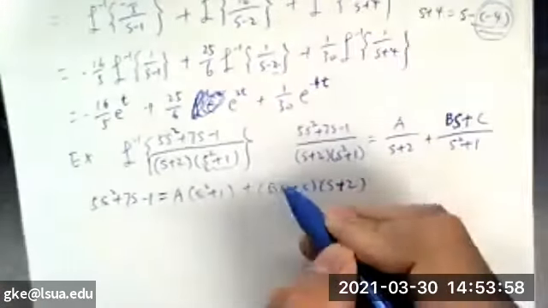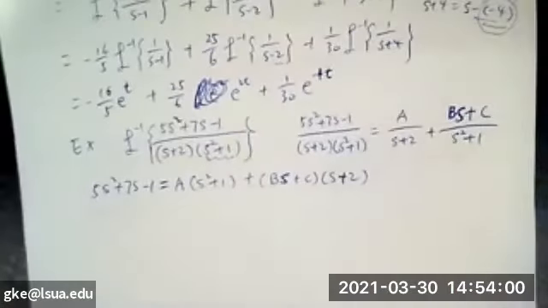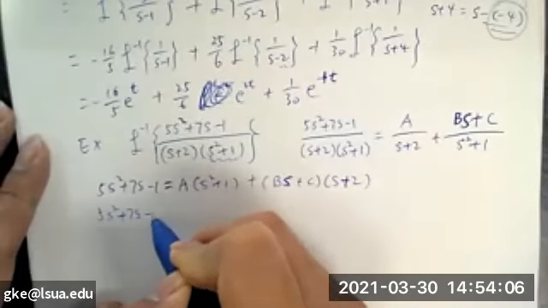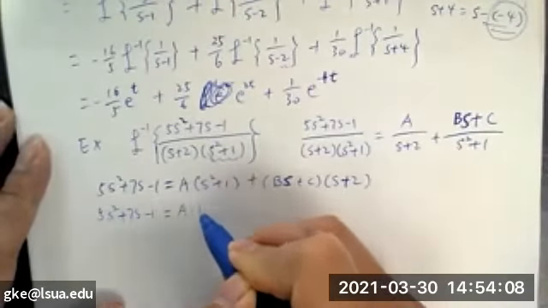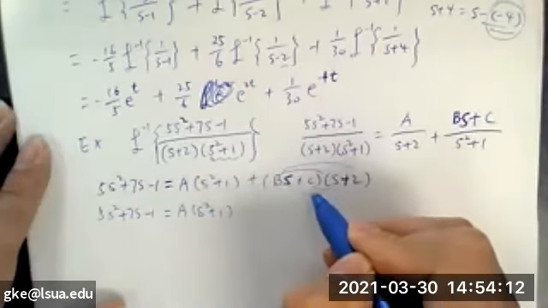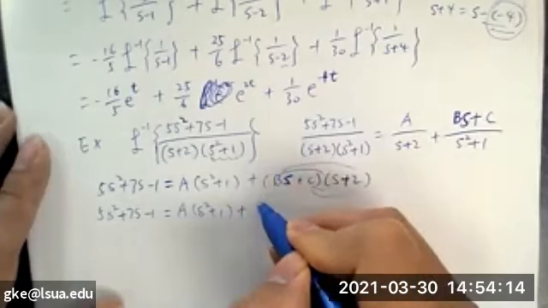Now we need to find the coefficient of the s squared. And of course, you can do some kind of distribution for the second term, right?